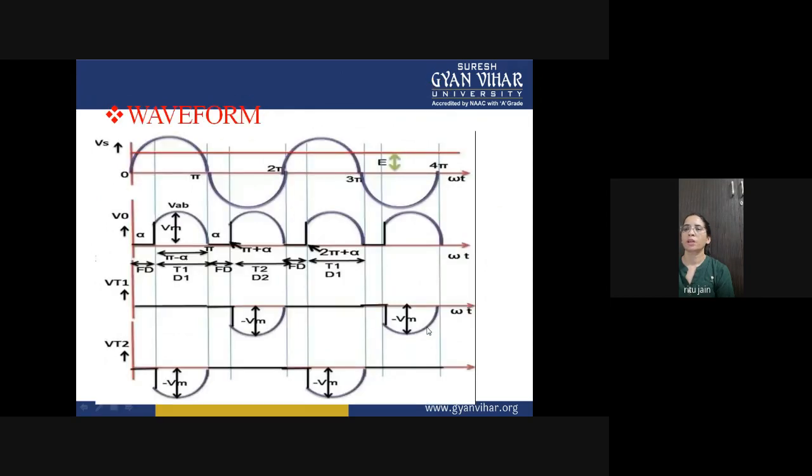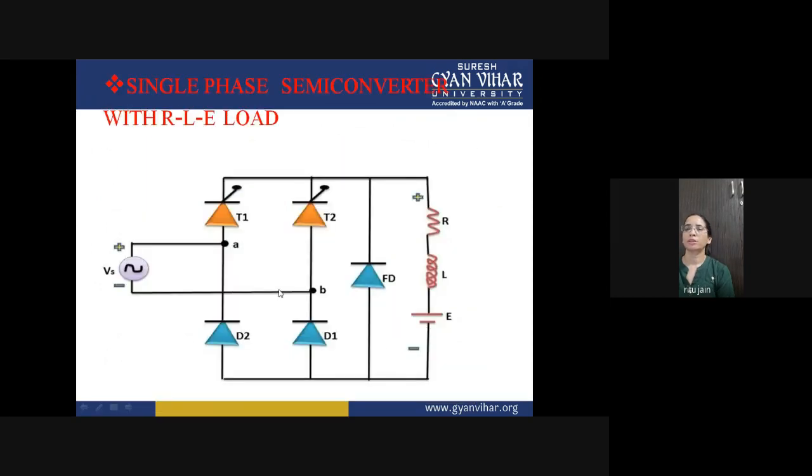So let's start with the positive half cycle. In the positive half cycle, thyristor T1 and D1 will conduct, so the current will start to flow like this. The freewheeling diode will not be in conduction mode.